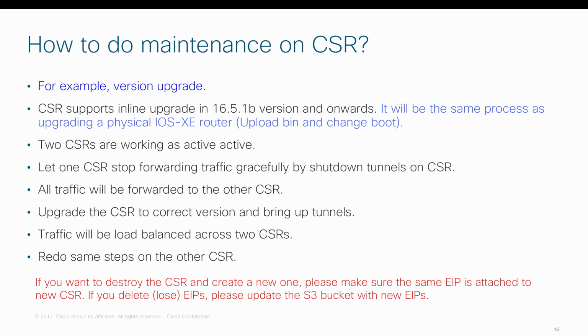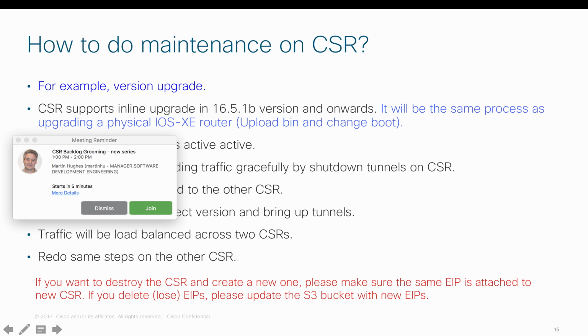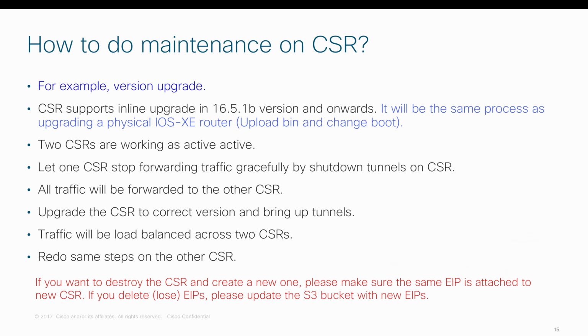As I mentioned, every automation piece is based on the S3 bucket, and the public IP address, or the elastic IP address, has been stored on the S3 bucket. So you also need to make sure the previous elastic IP can be moved to the new CSR. If you accidentally remove the elastic IP or lose the elastic IP, do not worry.